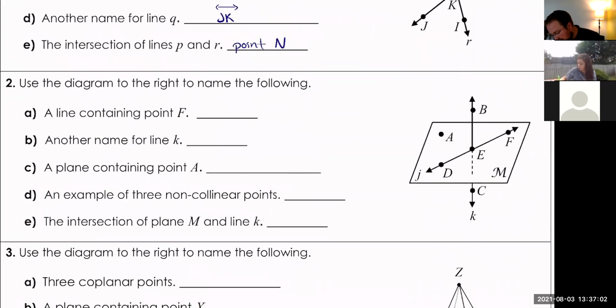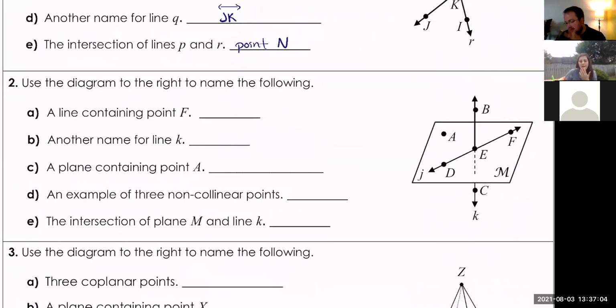Second one here, again, we have to use a little bit of our imagination just to describe what's going on. What we have is a plane. There is a line that exists on that plane, but there's also a line that's going right through it, hence that dotted segment. You have to imagine a three-dimensional scenario here.